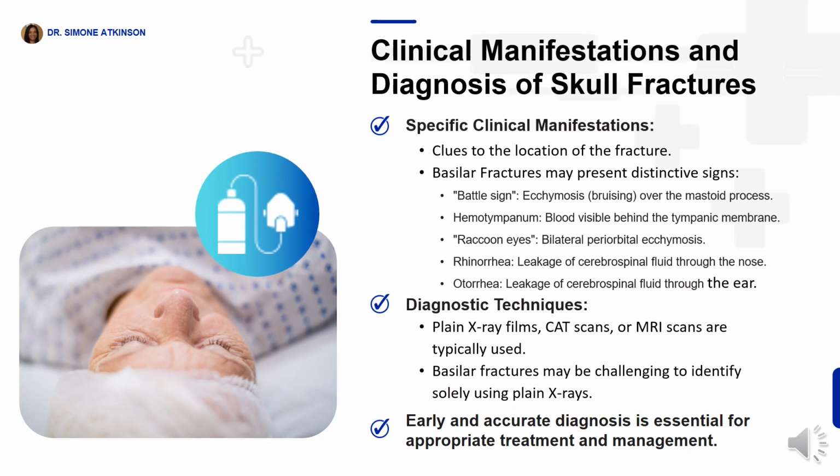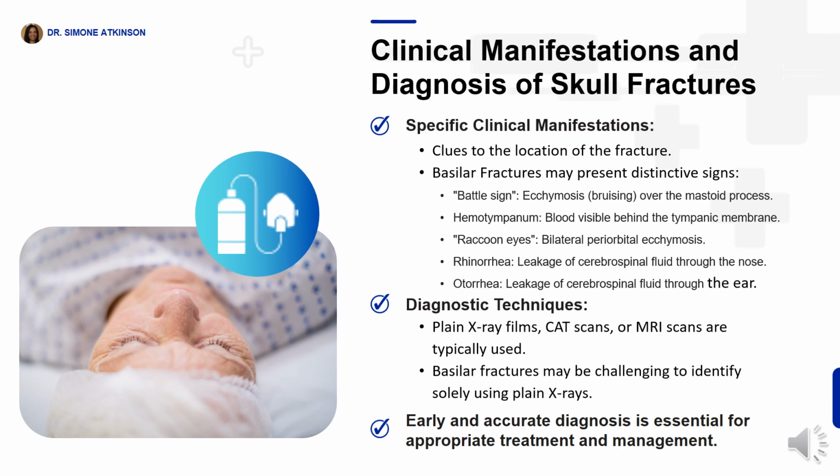When assessing clients with skull fractures, specific clinical manifestations can provide clues to the location of the fracture for you. In particular, basilar fractures may present distinctive signs such as the battle sign, which is ecchymosis or bruising over the mastoid process. Hemotympanum, or the presence of blood that's visible behind the tympanic membrane, may also be observed.